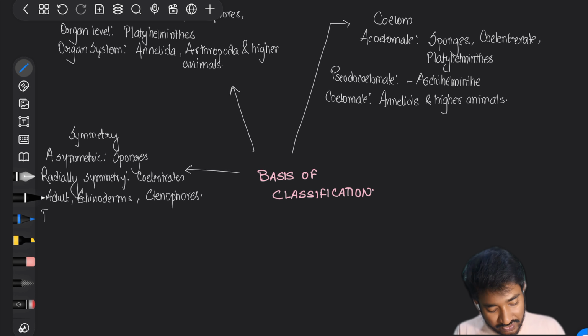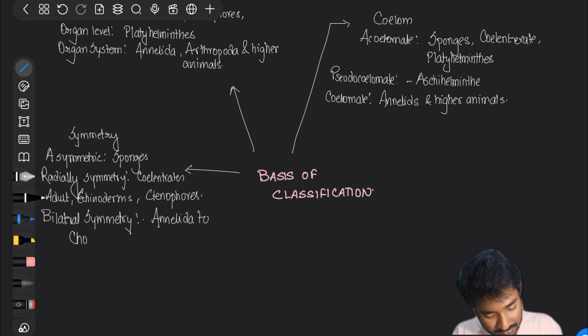And bilateral symmetry: Annelida too, chordates, and larva of echinoderms.